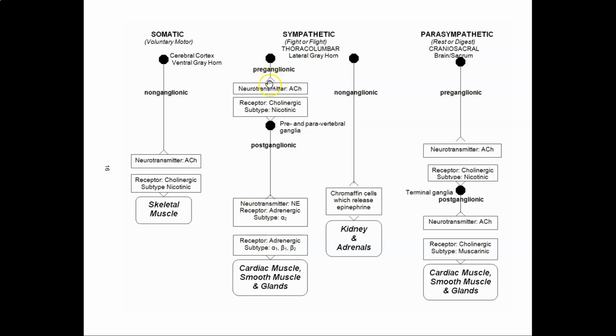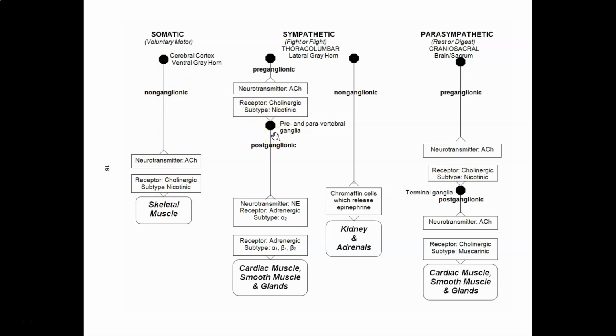They have a short preganglionic fiber, so they go to a ganglion. The first fiber is called preganglionic. The second fiber is called postganglionic. That's as opposed to the somatic nervous system, which is called non-ganglionic because it doesn't go with a ganglion. It goes from the CNS directly to the skeletal muscle. So this goes into a ganglion.